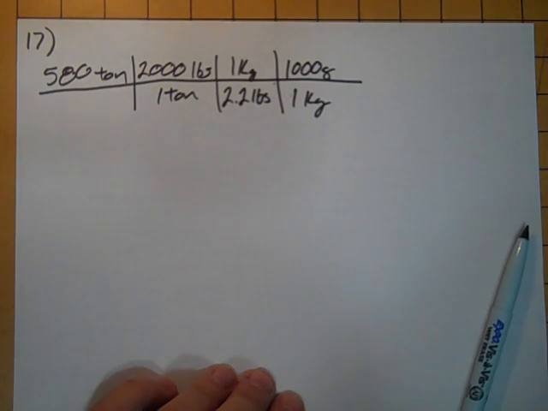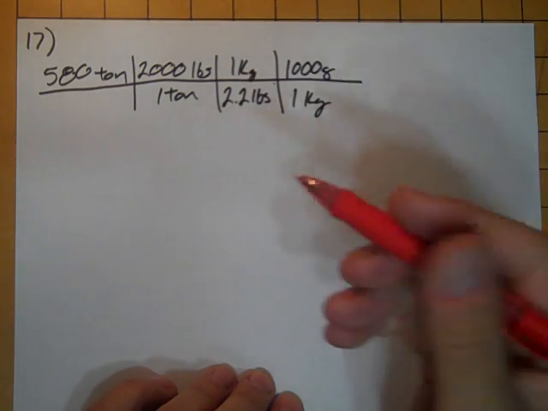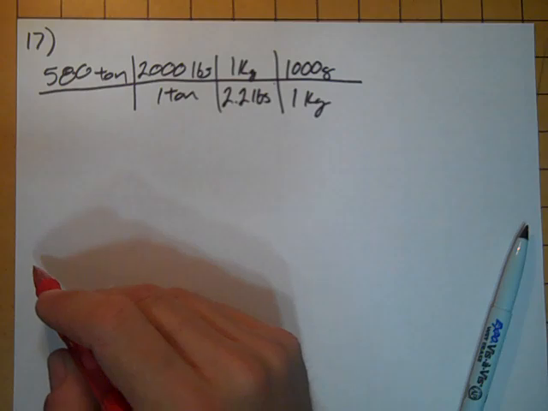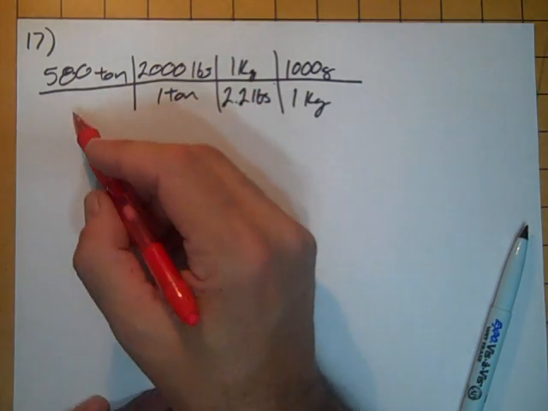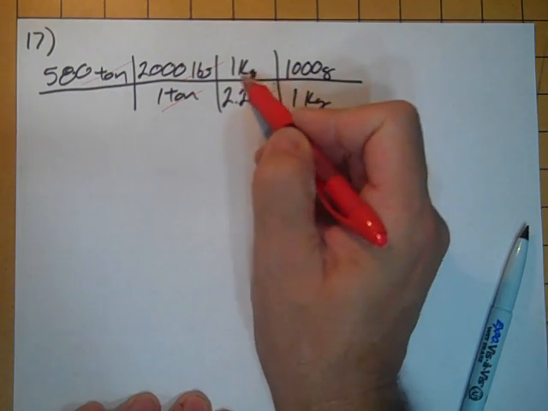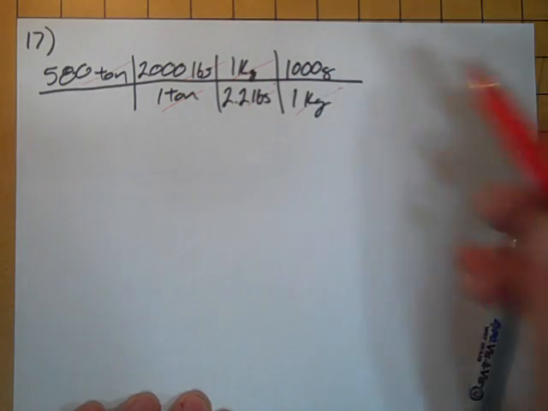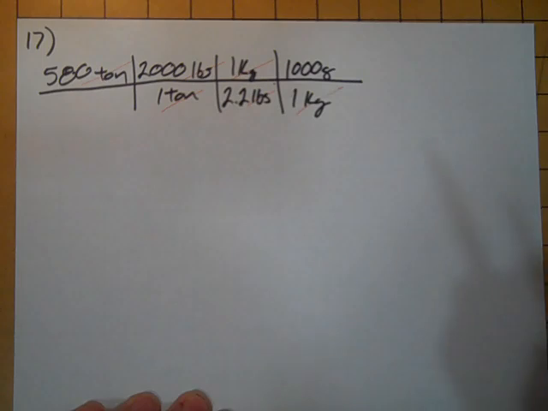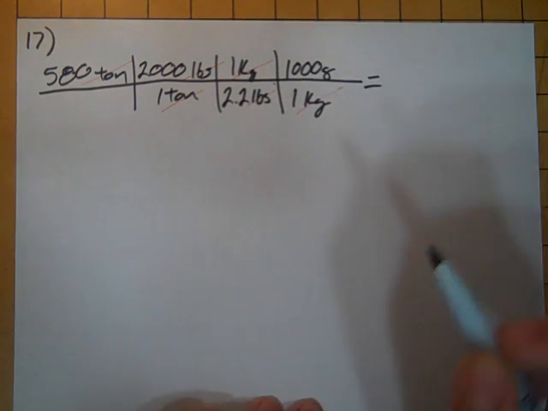So one of the ways to check one of these conversions is to see, do my units cancel? I need grams, because with grams I can find moles. So tons is canceling, pounds is canceling, kilograms is canceling. I'm left with grams. This is set up right.